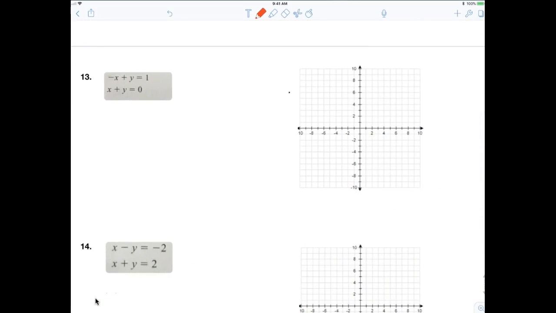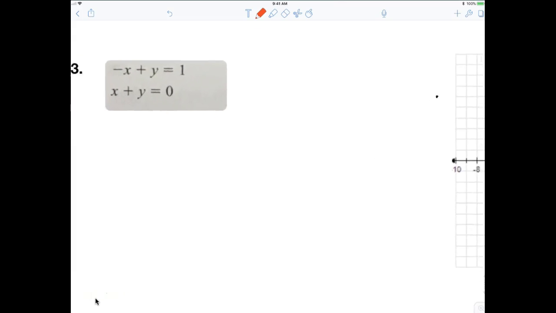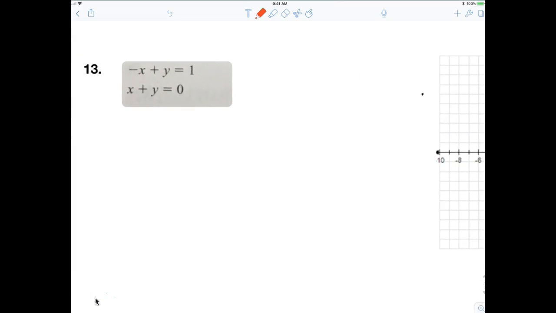So we're going to try 13. For question 13, we're going to graph. But in order to graph, it's got to be put in the right format first, correct? So for number 13, y equals x plus 1. For those of you who don't know why that's y equals x plus 1, I'm giving you an opportunity.